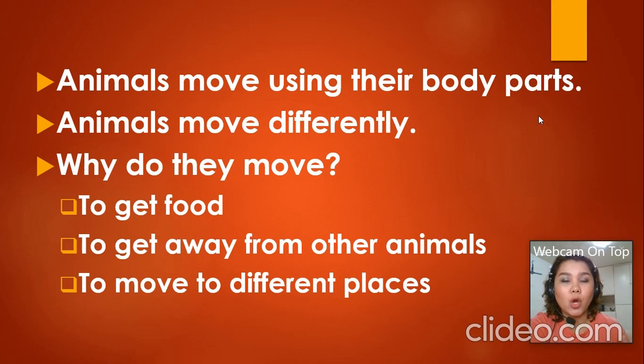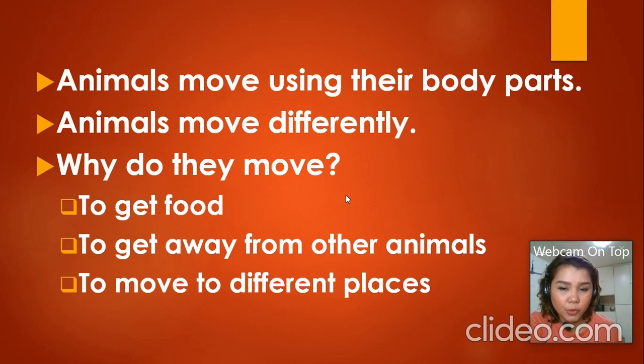We can walk, we can run, and do other kinds of movement. But what is different from animals is that we can walk using our two legs. Next, animals move differently. Not all animals can walk, and not all animals can fly. So why do they move? These are the reasons why they move.